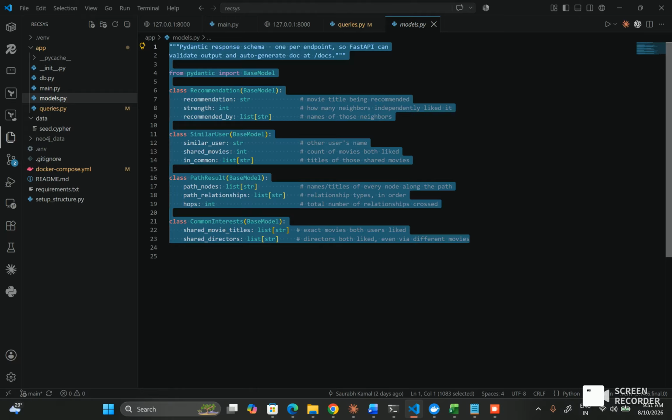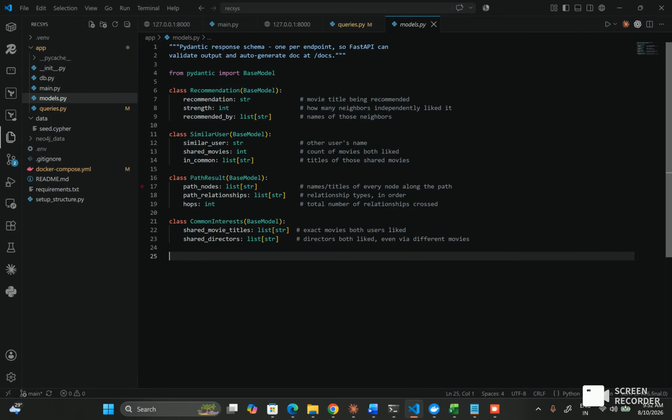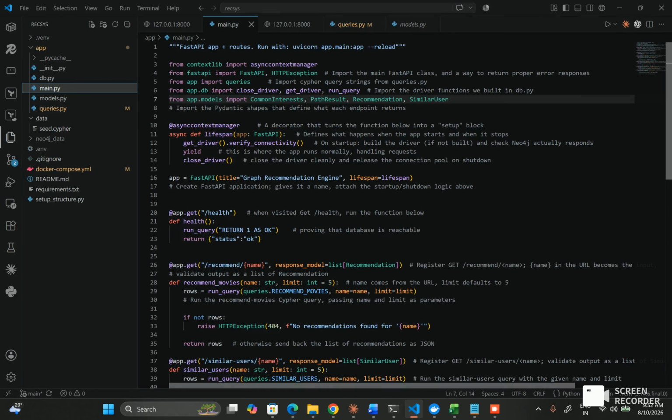If the Cypher query ever returned the wrong type, FastAPI would catch that mismatch immediately. And now the last but not the least is the actual main file that pulls all three of those together into something callable from a URL. That is the main.py file.